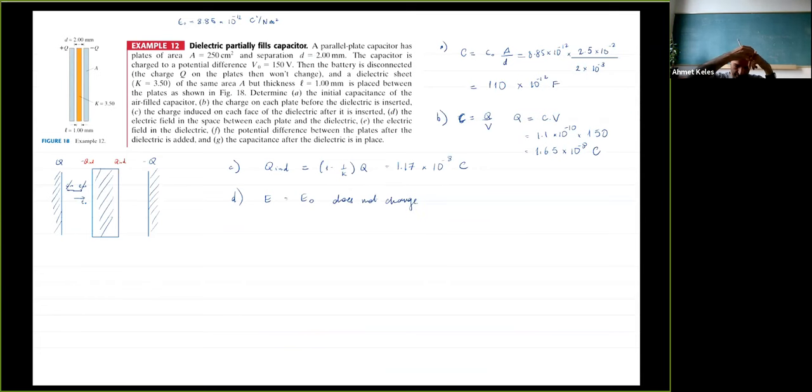It's basically the initial voltage divided by distance, which is equal to V over D. It's 150 volts divided by the distance, 2 times 10 to the minus 3 meter. This is going to be 7.5 times 10 to the 4 volts per meter.